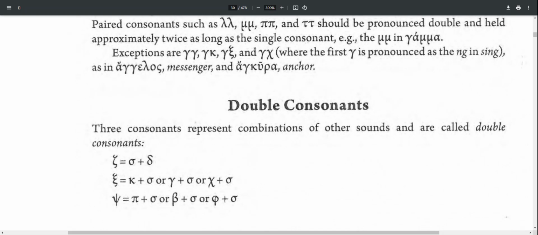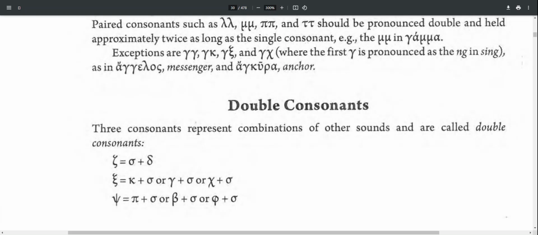Okay? Double consonants. Here you have zeta. Some people believe it is the sequence sigma delta, but some people believe in delta sigma. So zeta is a combination of sigma delta or delta sigma. Xi is the combination of kappa sigma, gamma sigma, or chi sigma, which will result in xi.